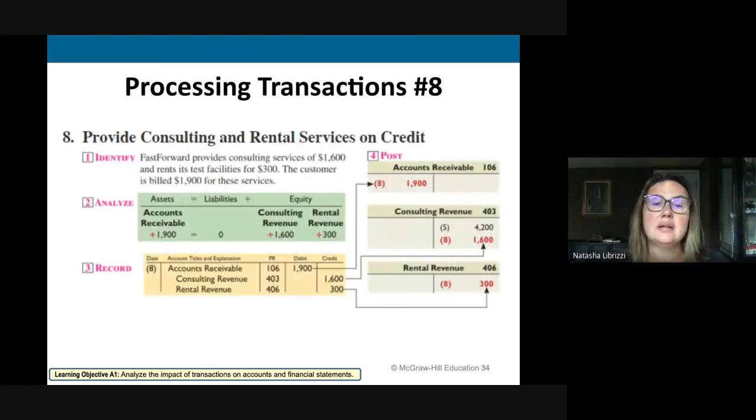We're going to provide consulting and rental services, but in this case on credit. When we see word credit, it means accounts receivable. It would be received later. So accounts receivable, an asset, goes up, and both revenue accounts go up as well. In this case, we have 3 accounts. So remember we said we need at least 2, but you can have 3, 4, 5 accounts.